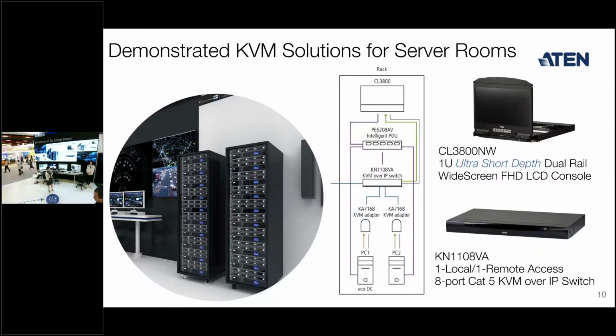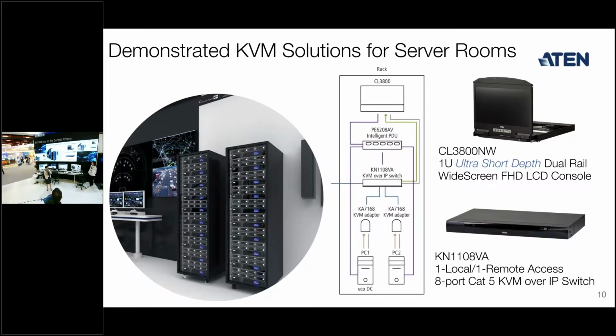Okay, the last page for this server room or data center part is I want to show you our demonstration solution for our server room. You can see that there is a rack over here, the server room. So we show our CL3800NW, the new 1U ultra short depth dual rail widescreen Full HD LCD console.